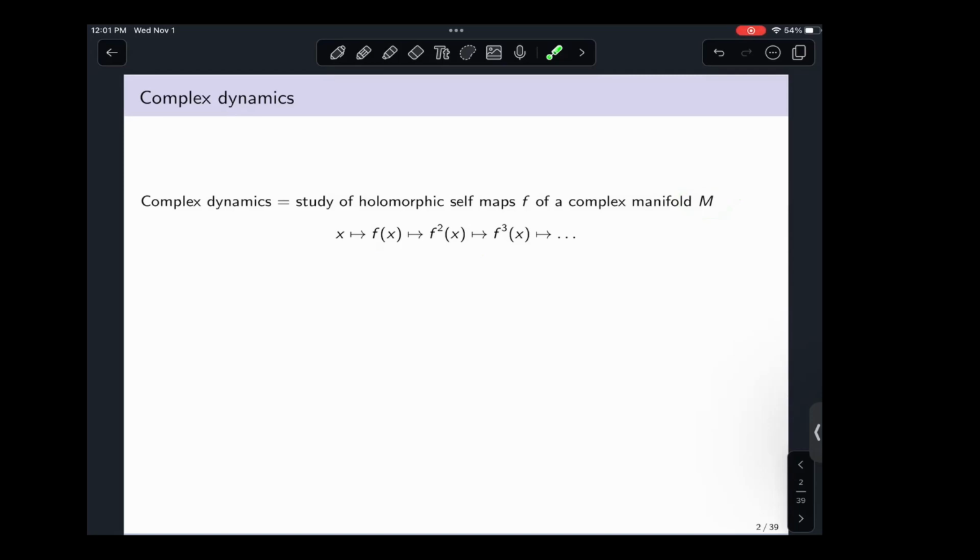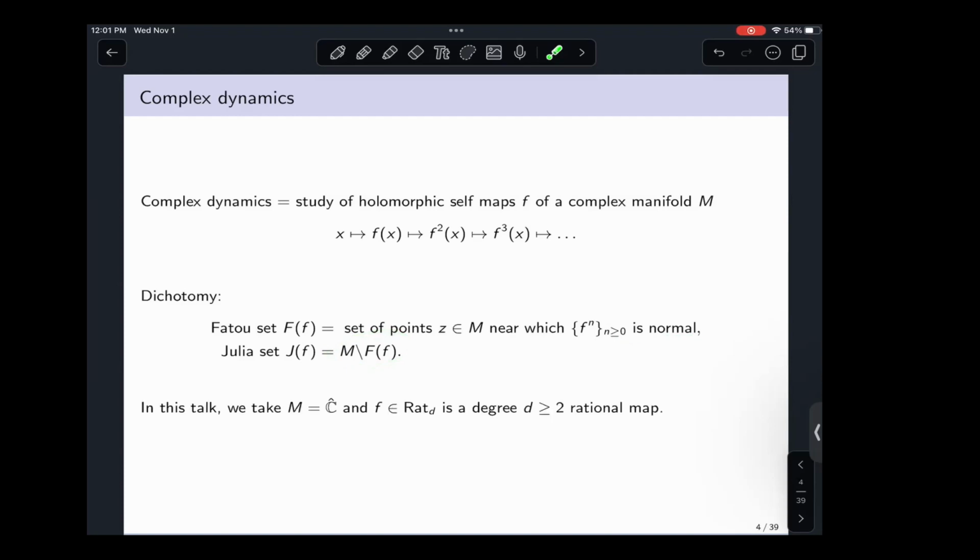And then the context of today is also we have this dichotomy. So just a reminder for everyone that we have the Fatou set and we have the Julia set, where the Fatou set is the set of regular points. The formalism here is in terms of normality, and the Julia set is the set of chaotic points, which is the complement. But for today, we're just going to stick with the space of rational maps on the Riemann sphere.